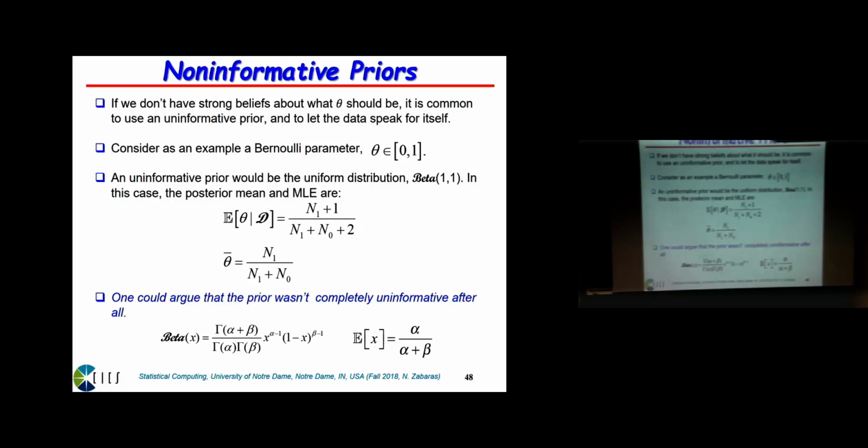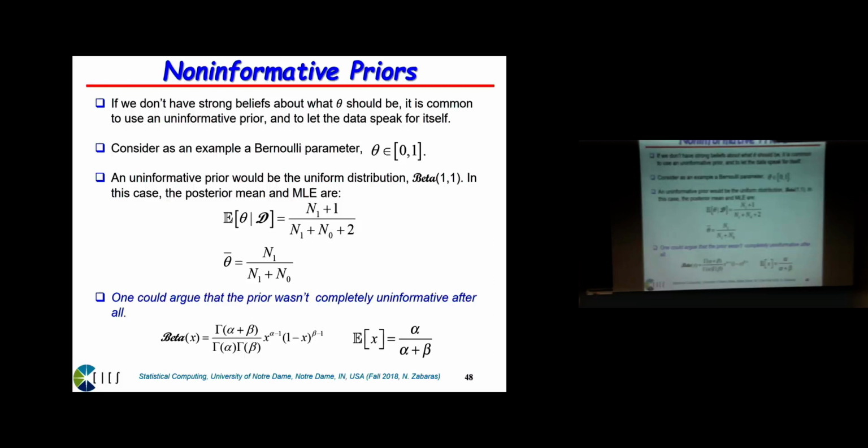Basically, to the counts of heads you add 1 and to the tails you add 1 from the prior. So this is non-informative because if you put alpha and beta equal to 1, you really get a uniform distribution.